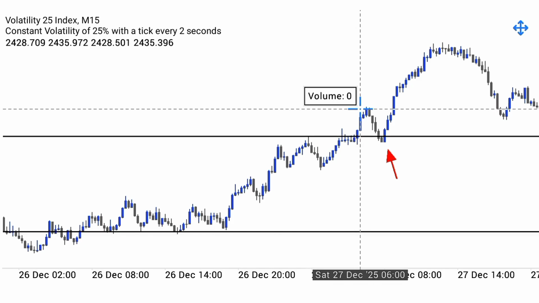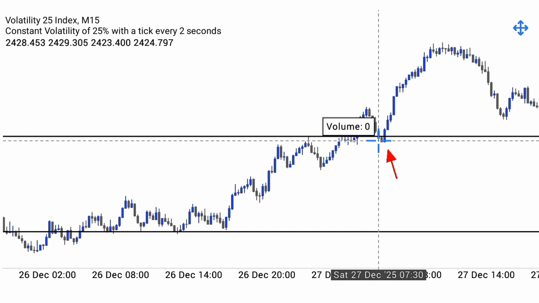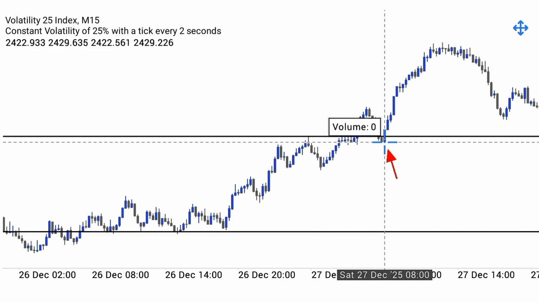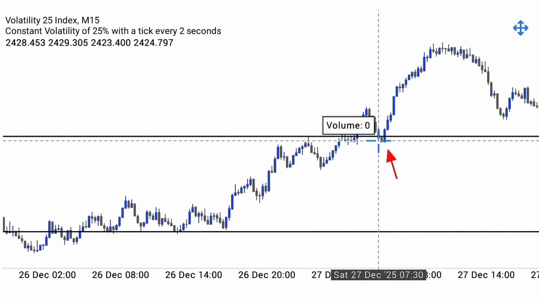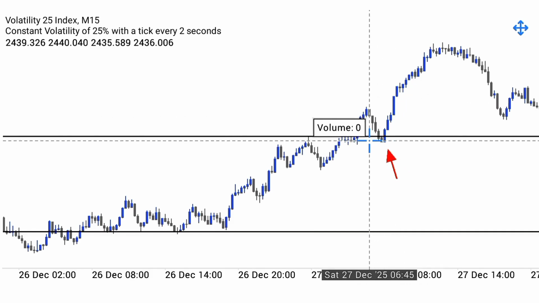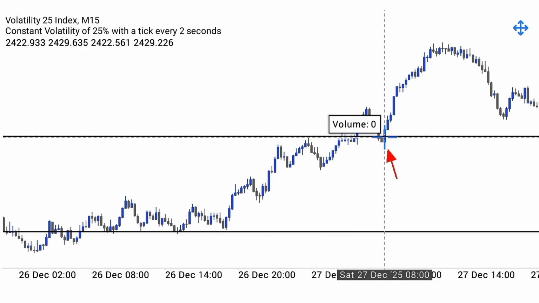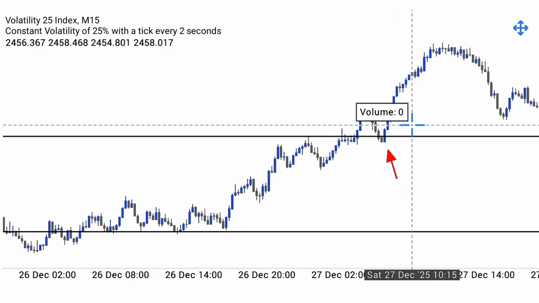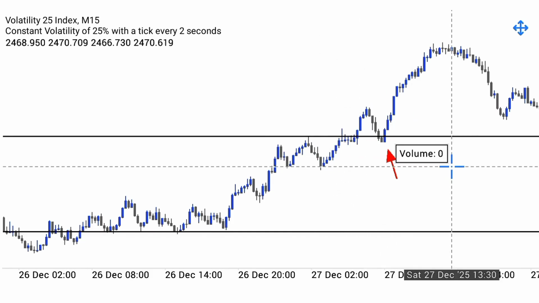For example, when the market came back to this point here, you can see that we have a bullish engulfing candle here. When the market got to this point, you get a bullish engulfing candle, and from there, the market starts going up. So that's how it works.